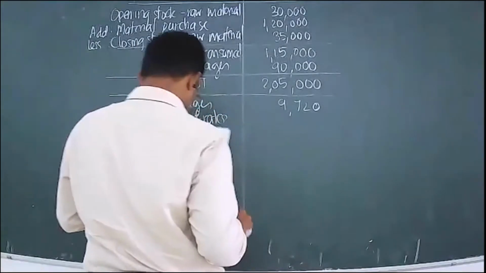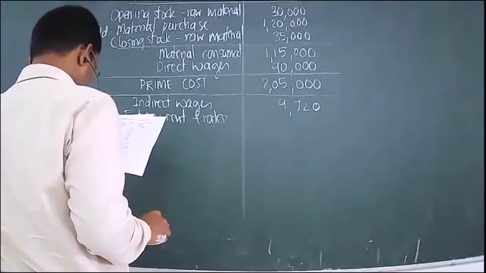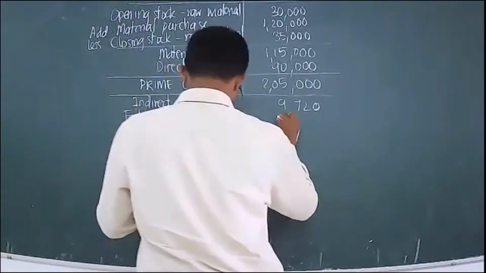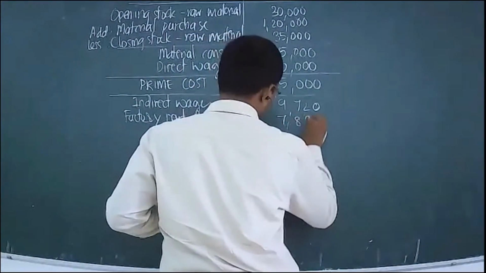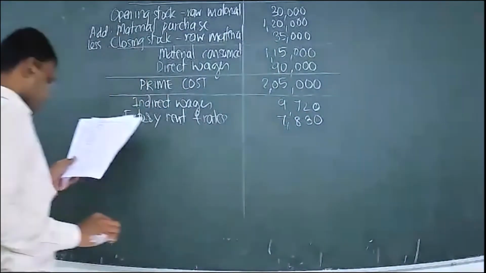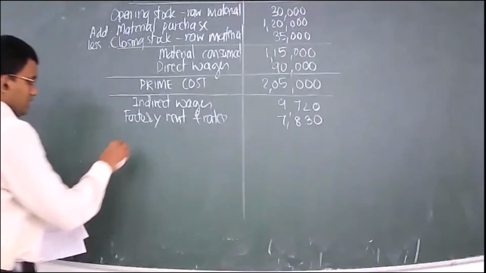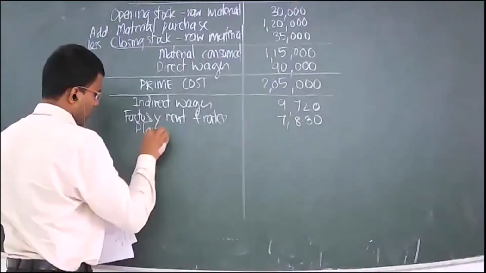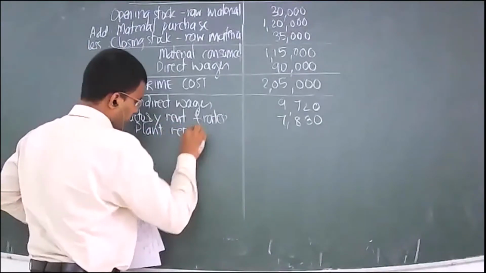The item given to us in the question is factory rent and rates. This works out to be 7,830. Then we have plant repair.